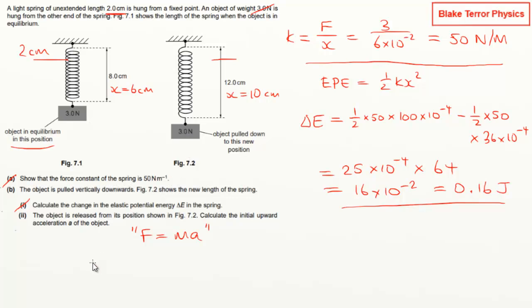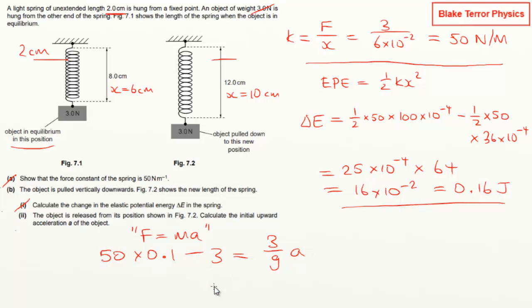We've got the force in the spring is going to be K times X, which is 50 times 0.1, but we've got weight acting in the opposite direction, which is 3, and that is going to be equal to the mass, which is 3 divided by g, the weight divided by acceleration due to gravity, and then multiplied by the acceleration.